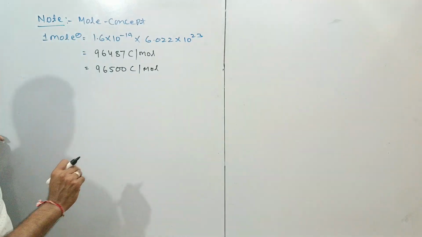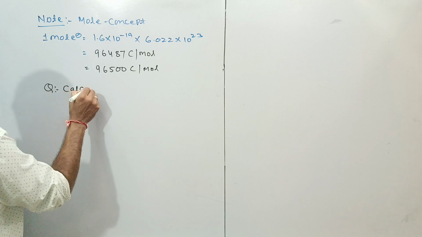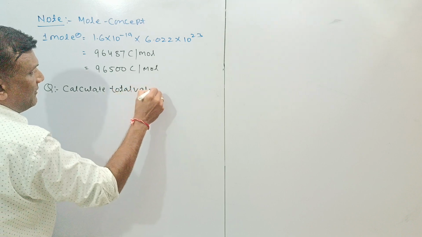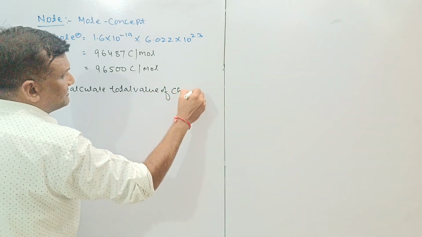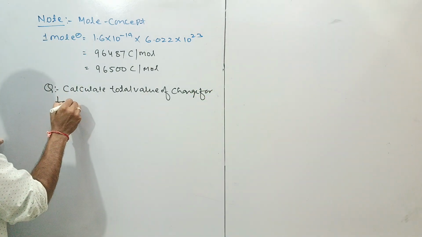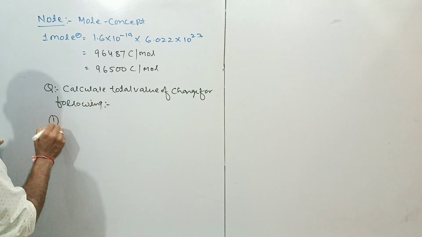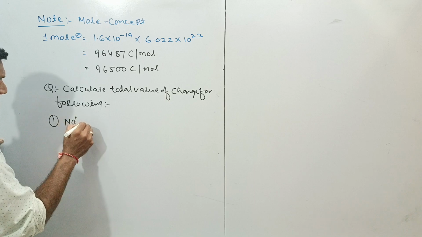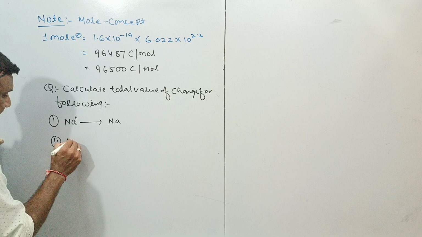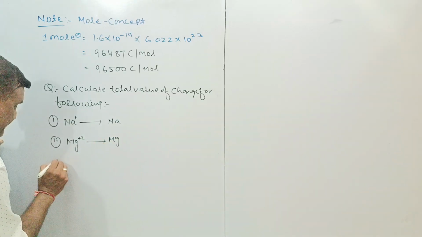Now it is time to discuss the questions. Calculate the total value of charge for the following. The first question: Na plus changes to Na. The second question: Mg plus 2 changes to Mg.